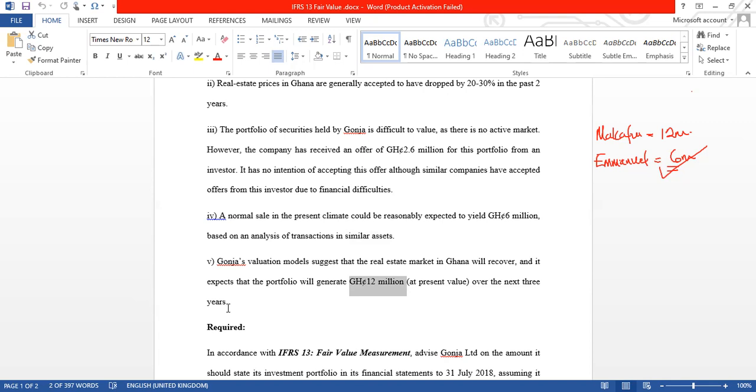Meanwhile, they were level 2. So they jumped level 3 and level 2 and level 1, and they used what they think they will be getting in future times to put into their financial statement. Now, when the economic situation jumps, you say that you get this thing, 12 million in the next 3 years. You say it will recover.